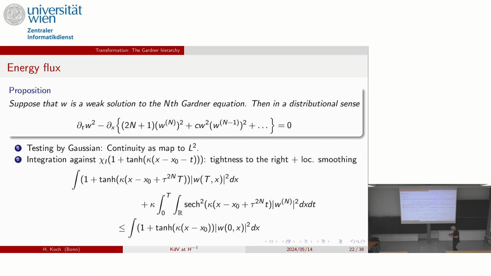So if you move the weight to the right, then the Kato smoothing argument gives you a gain of nth order derivatives. And what it gives is a control of what happens to the right, it puts the weight which is close to 0 on the left and 1 to the right. So it gives you control of what happens to the right in terms of what happens to the right at an earlier initial time. And that gives you tightness to the right.